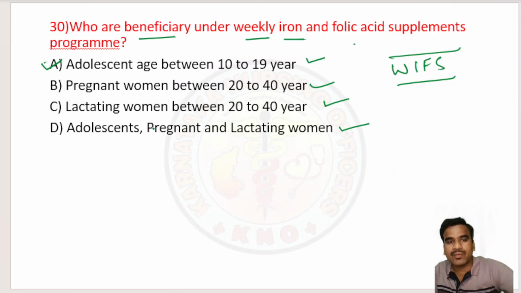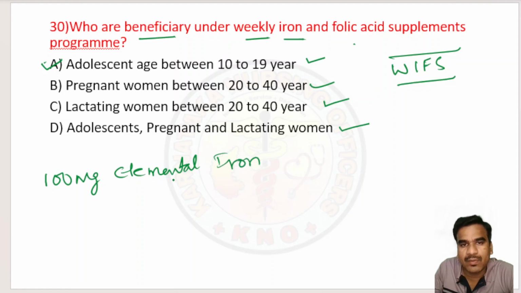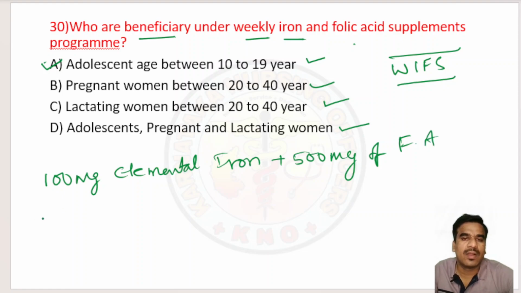What we are giving here is 100 mg of elemental iron plus 500 mcg of folic acid. This is the dosage we are giving, for up to 52 weeks.